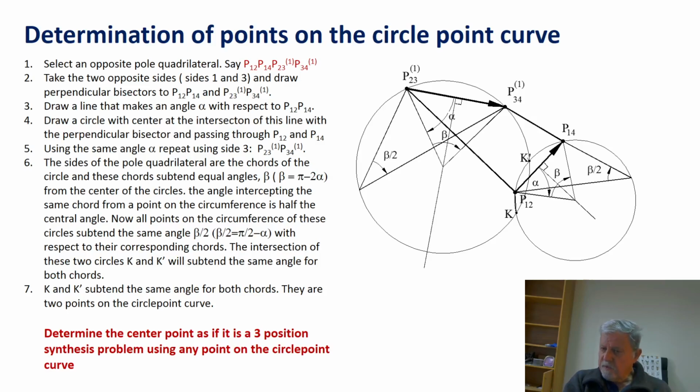So once you determine a point on the circle point curve, you can determine its center. Forget about the 4th point. Consider this, you have found A1. Determine A0 as if it is a 3-point synthesis. That's it.